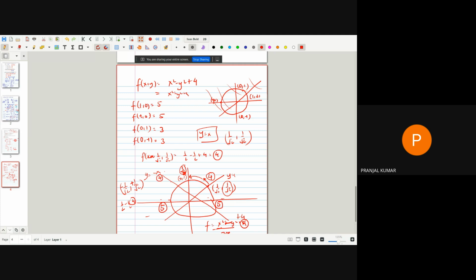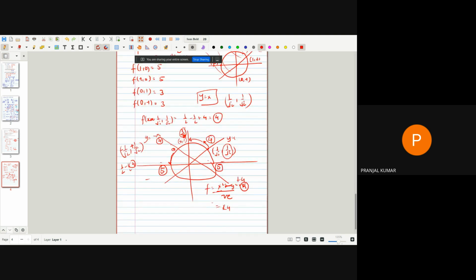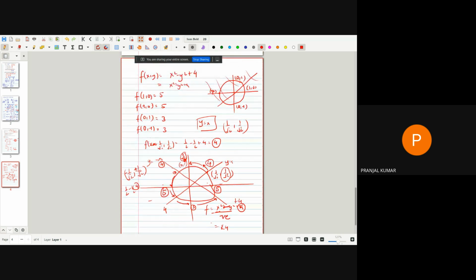So the value starts increasing, reaches 4 here, continues increasing, reaches 5 here, then again here it is 4 on every point on this line. It starts decreasing till 3, and it starts increasing, moves to 4, and it moves to 5. Can you see this?